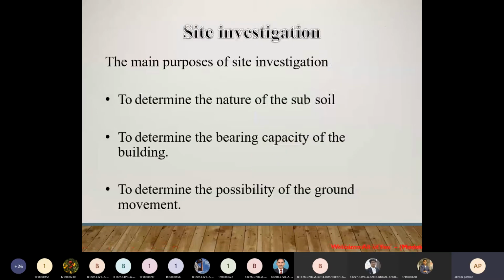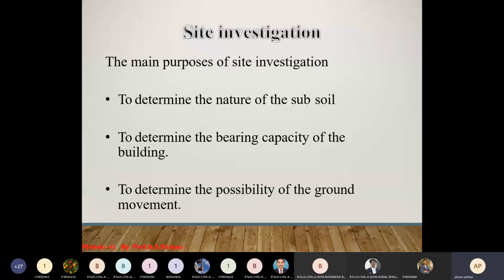Then the main thing we should understand while using such steel construction is the site investigation. What do you mean by site investigation? For example, if you want to construct any type of building, whether residential, commercial or industrial, first we need to do the site investigation.